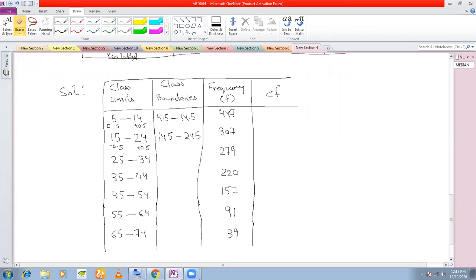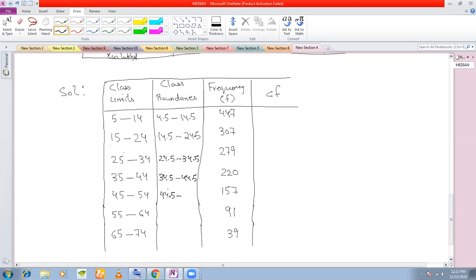Now, Tanisha, why do we add and subtract 0.5? Why not 0.1 or 0.15? Sir, 5 to 14 is there and 15 to 24 is there.